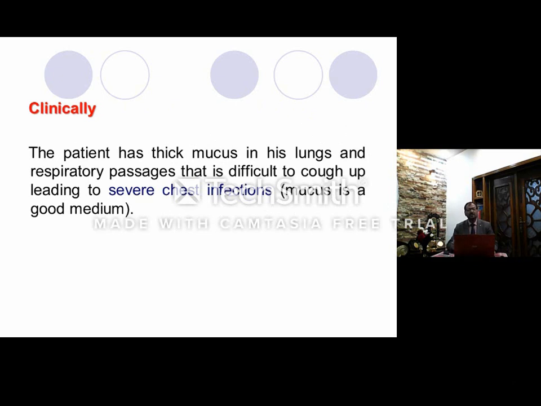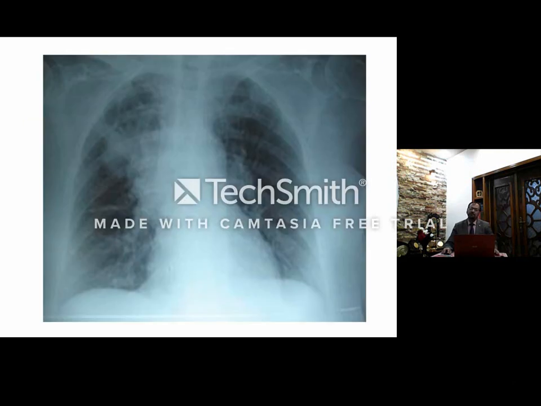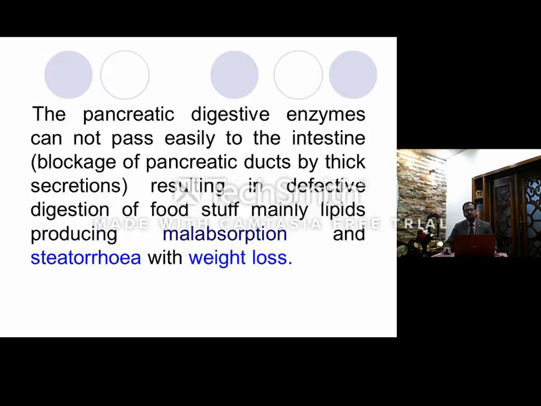So what are the clinical manifestations? The patient has thick mucus in the lungs, and because the mucus is a good medium for bacteria and other pathogens, there will be repeated and severe chest infections. With time, a patient with repeated chest infections will end up with respiratory failure.